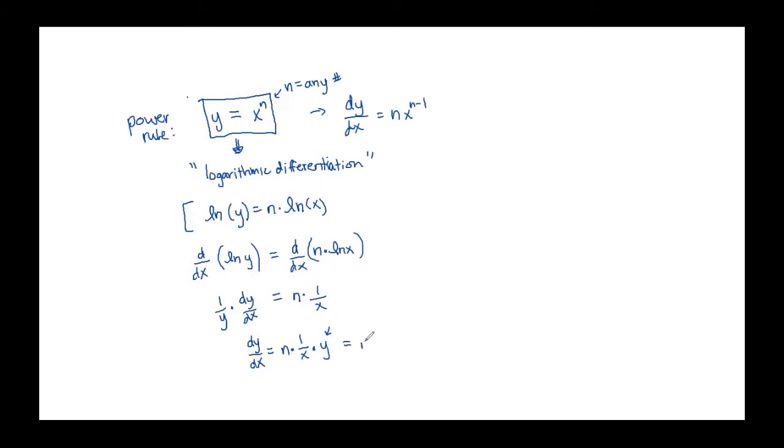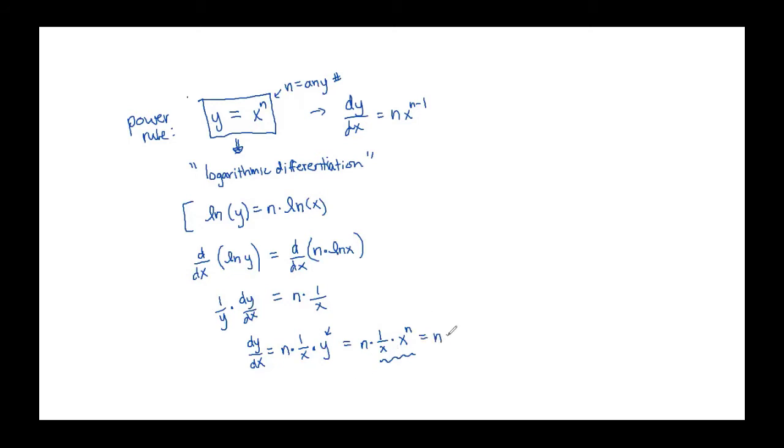So if I rewrite this as n times 1 over x times x to the n, you can see that these two terms, 1 over x, otherwise known as x to the negative 1, and x to the n, reduce the power of x by 1. I can write this as x to the n minus 1 power.